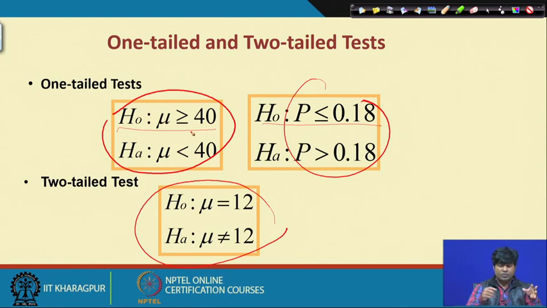If not, then we can state mu equal to something, then the counterpart is mu not equal to something. In this case, we put mu equal to 12, so by default the alternative hypothesis will be mu not equal to 12.